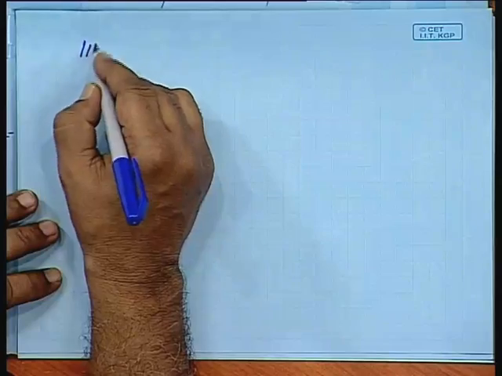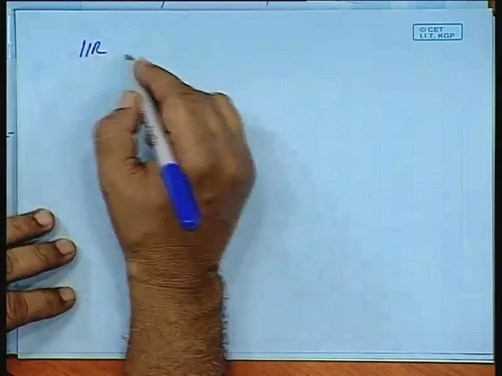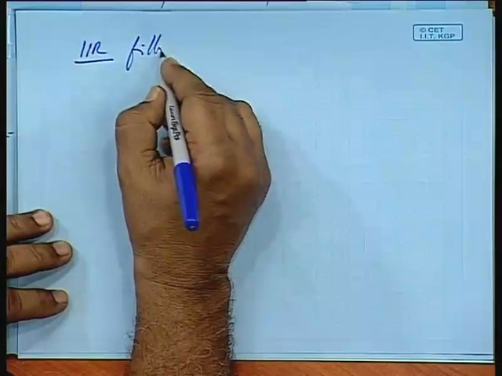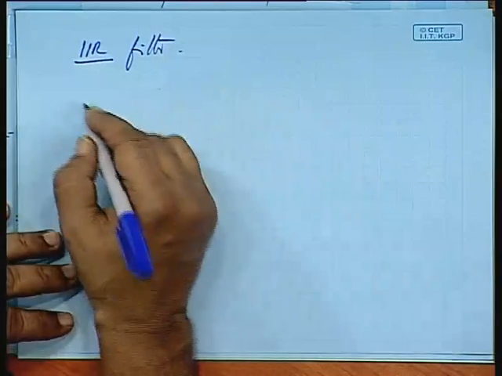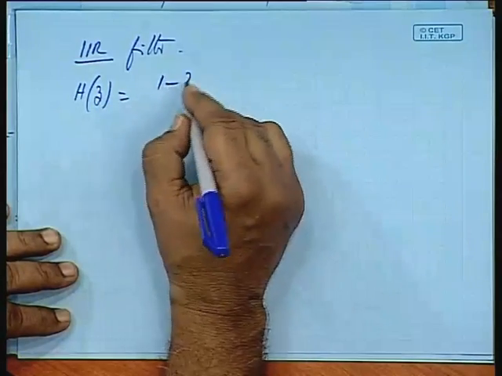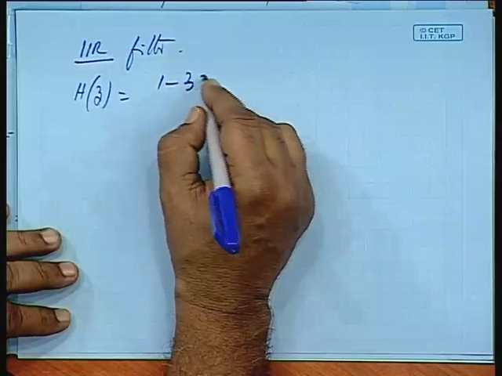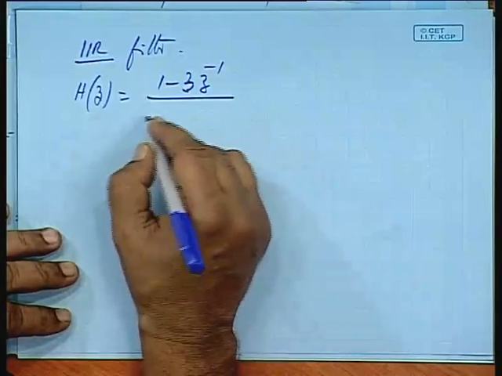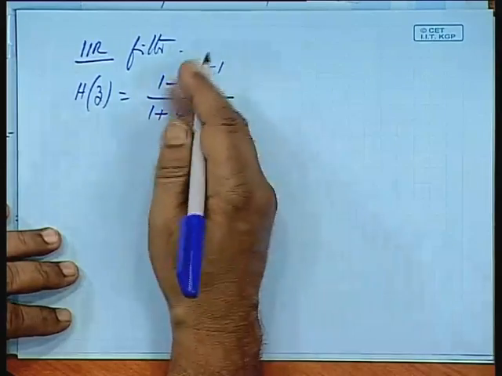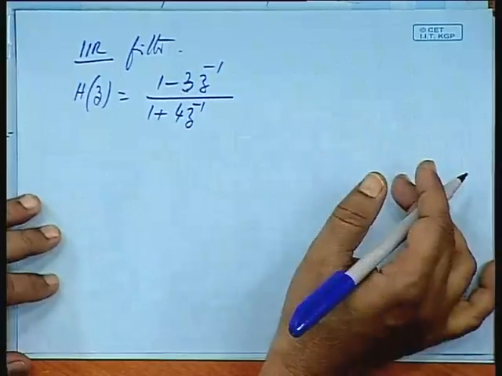For an IIR filter, polyphase decomposition is rather difficult. For IIR filter, it is not straightforward. A simple example will give you, say 1 minus 3 Z inverse divided by 1 plus 4 Z to the power minus 1. Suppose this is an IIR filter. How do you decompose into such terms, say in terms of polynomials of Z square?